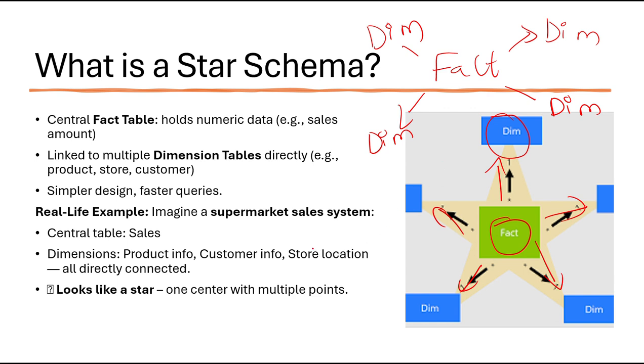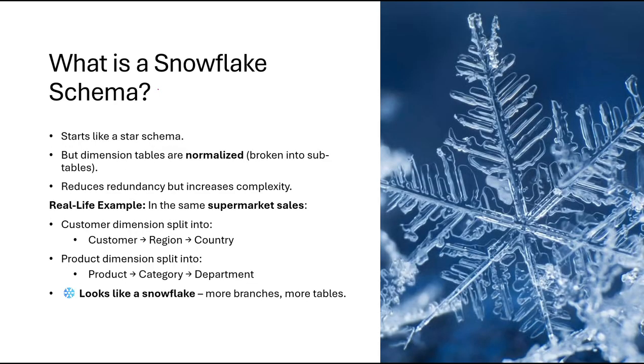Now let's go to what is a snowflake schema. It starts like a star schema, but the dimensions are normalized. As you can see, this is just for understanding. The tables are broken into multiple subtables like a snowflake.